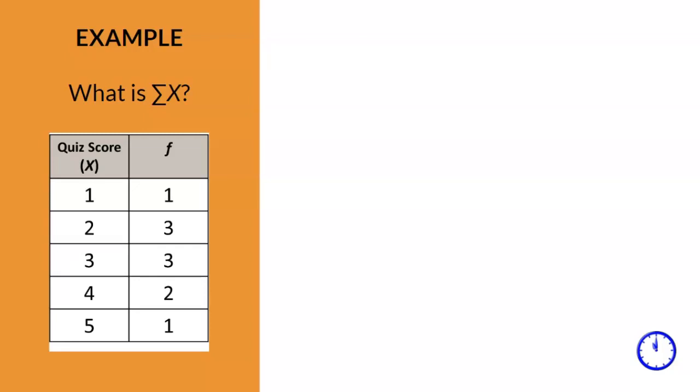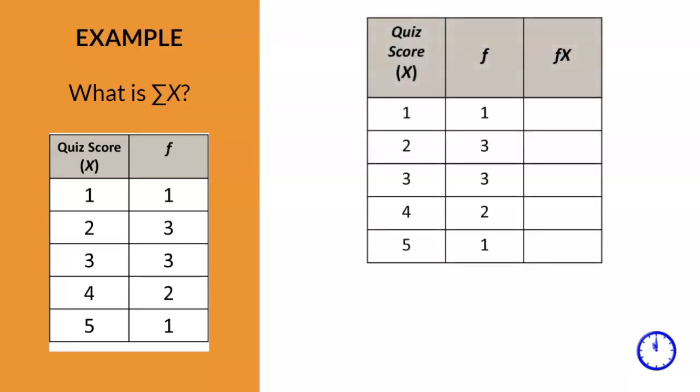For this example, step 1 is to add the fx column. Step 2 is to calculate fx, which is to multiply x by f for each value. So 1 times 1 equals 1, 2 times 3 equals 6, 3 times 3 equals 9, 4 times 2 equals 8, and 5 times 1 equals 5.